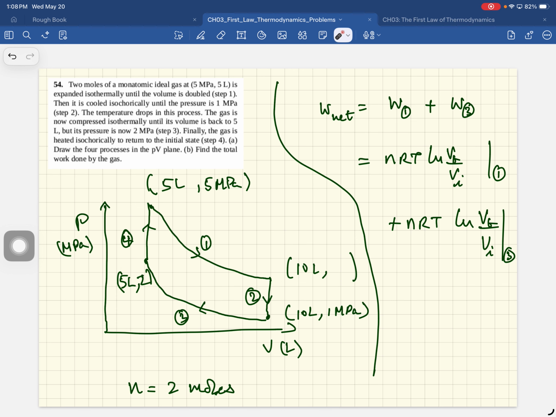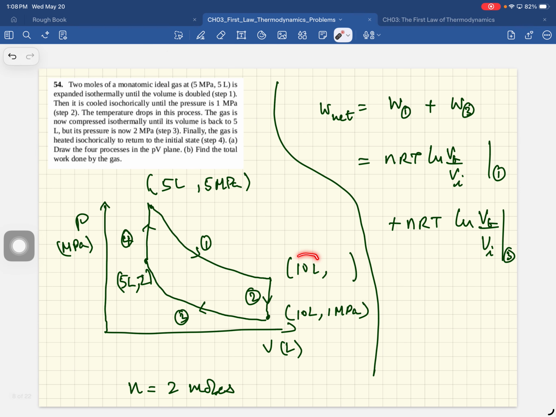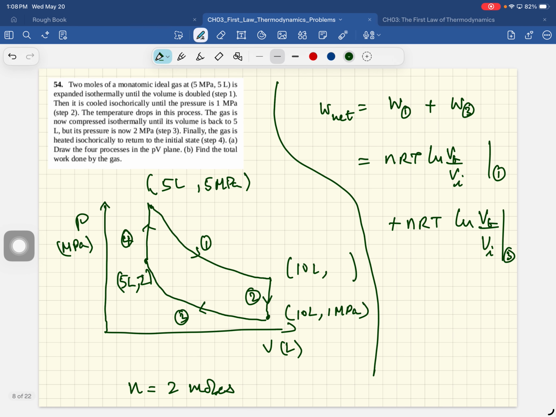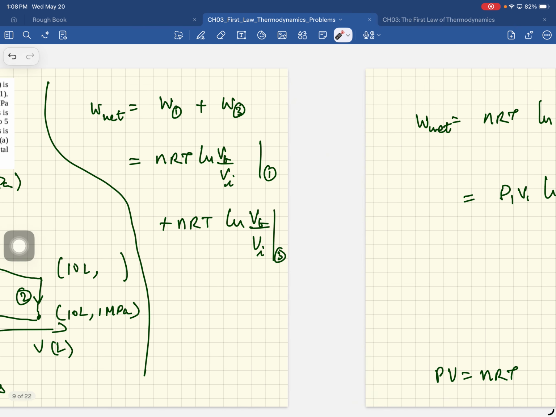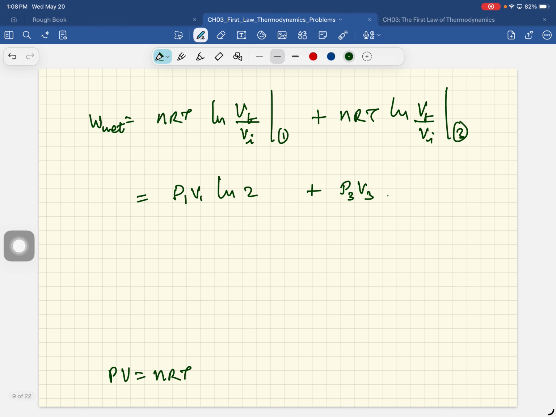So work done is the final volume minus the initial volume, times P. We know the pressure and the initial volume, but we don't know the work done.